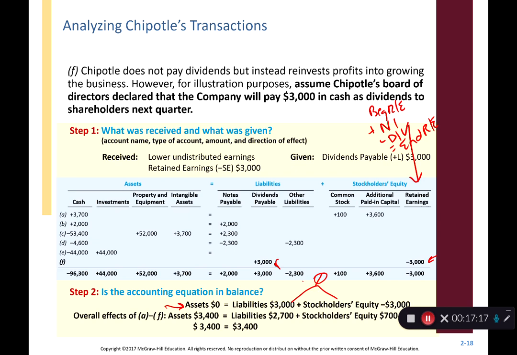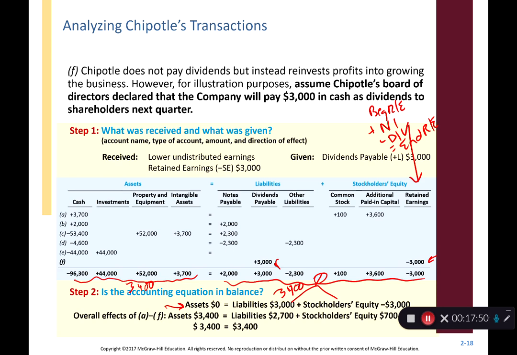And the overall effect on A to F still is in balance because the net effect of A through F all added together is a positive 3,400 on our asset side and a positive 3,400 on our liabilities and equity side. So the bottom line is each transaction needs to balance, and then if that is true, the total of all those transactions would still balance.